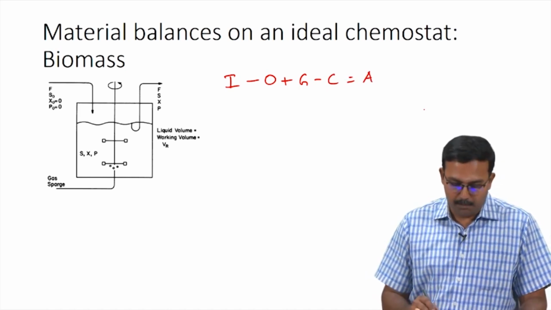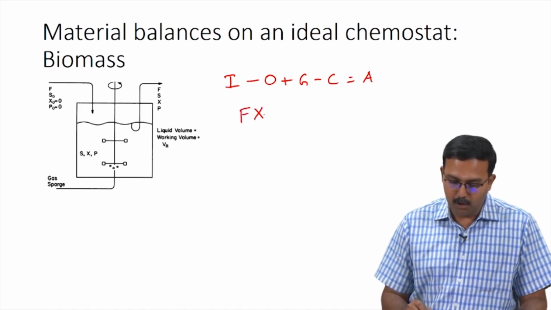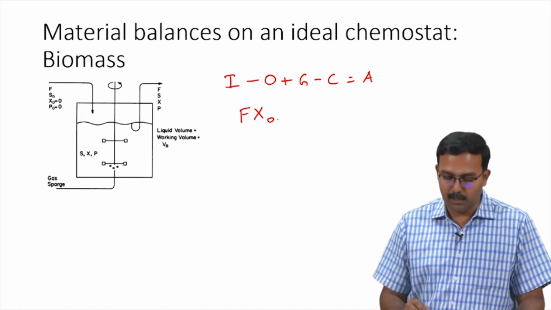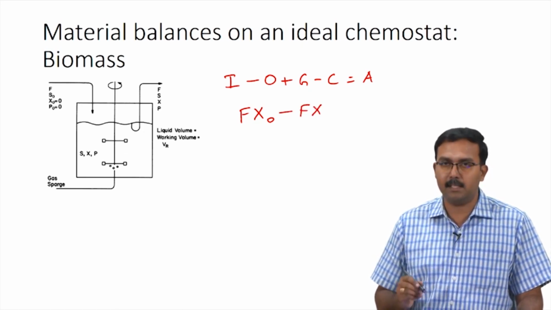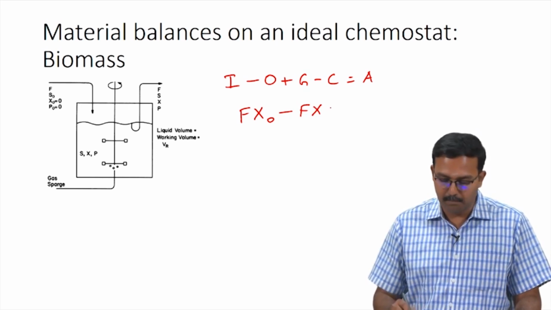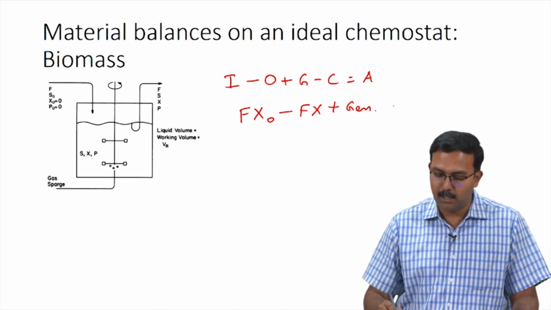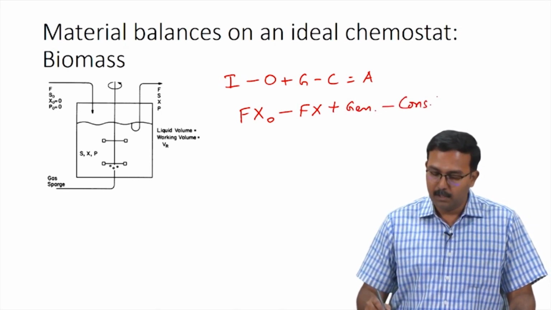The inlet term would be F times x naught, where F is the volumetric flow rate and x naught is the biomass concentration in the inlet stream, minus outlet being Fx, where F is the outlet flow rate and x is the biomass concentration in the outlet stream, plus generation term, minus consumption, let us get to those later.